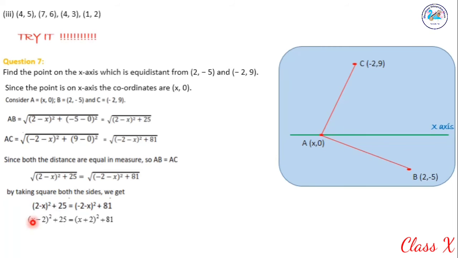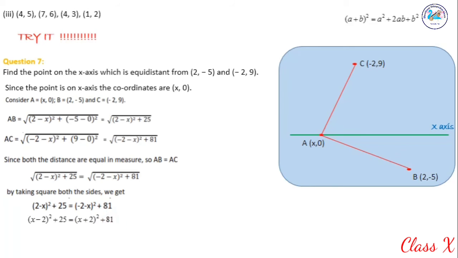So (x minus 2) the whole square plus 25 is equal to, here also if I take one minus outside, both become plus, that is (x plus 2) the whole square plus 81. Since the square is outside, taking the minus out makes no change in value.